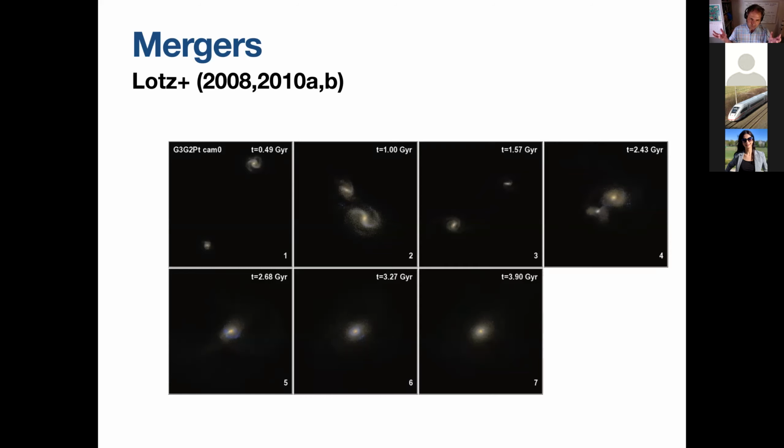So there's a whole suite of simulations with different angles where they hit each other, different angles where we view the whole thing, and then they process this so that we actually see these in the Sloan Digital Sky Survey filters.